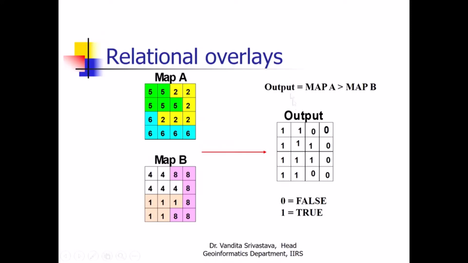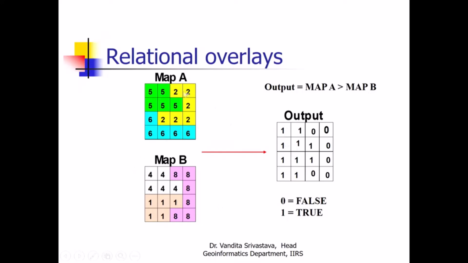Now you have relational overlays, using the relational operators. Here is a comparison statement: output is equal to map A greater than map B. If this statement is true, then you will get a 1, else you will get a 0. Here map A is 5, map B is 4, and map A is greater than map B. This condition is true here, so you get a 1.